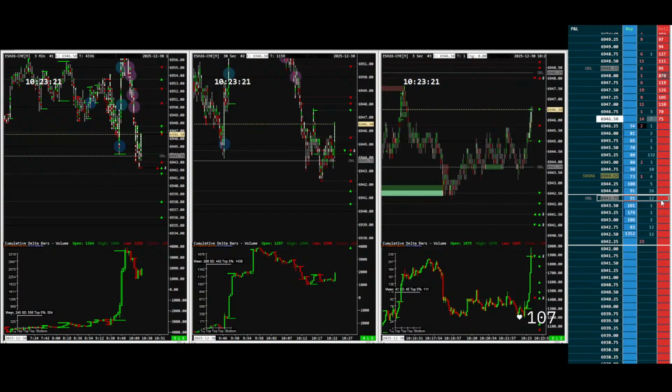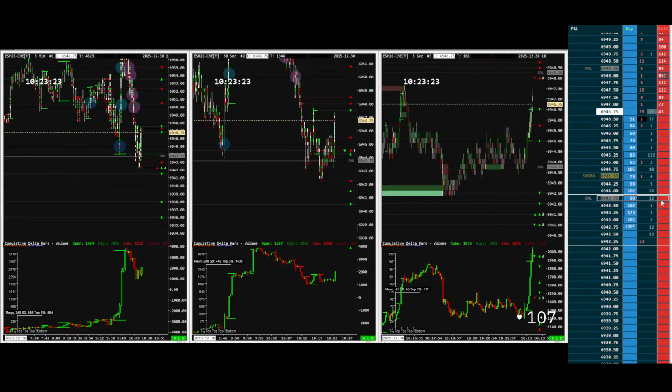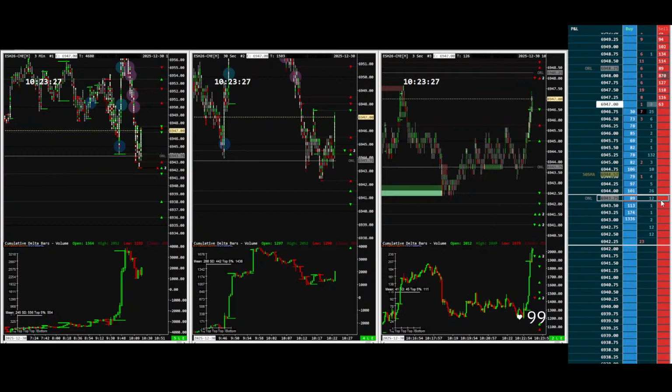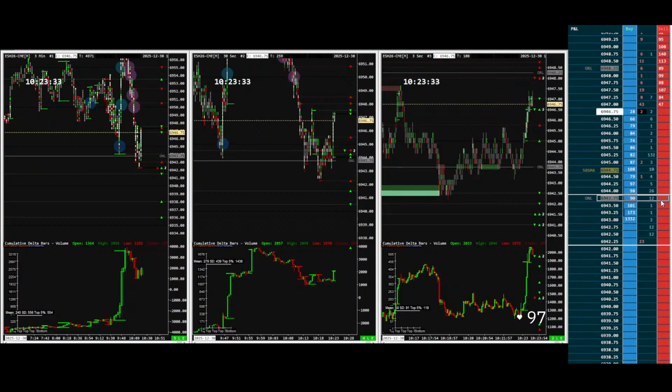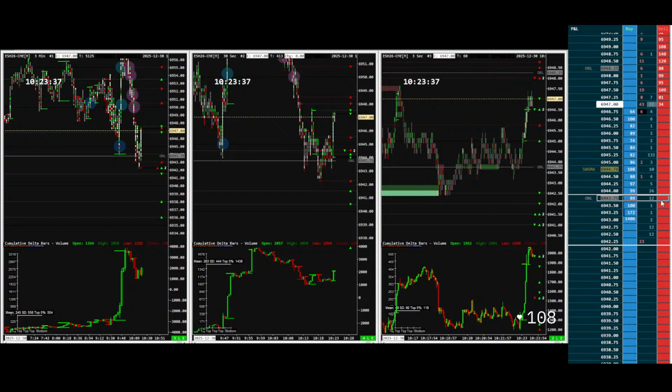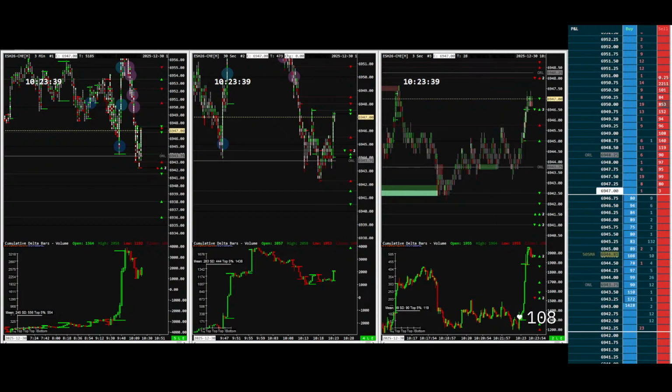Somebody's getting stopped. Yeah, that's what it looks like. These are massive levels across the board. I'd pulse check a fade here, a short at 47.